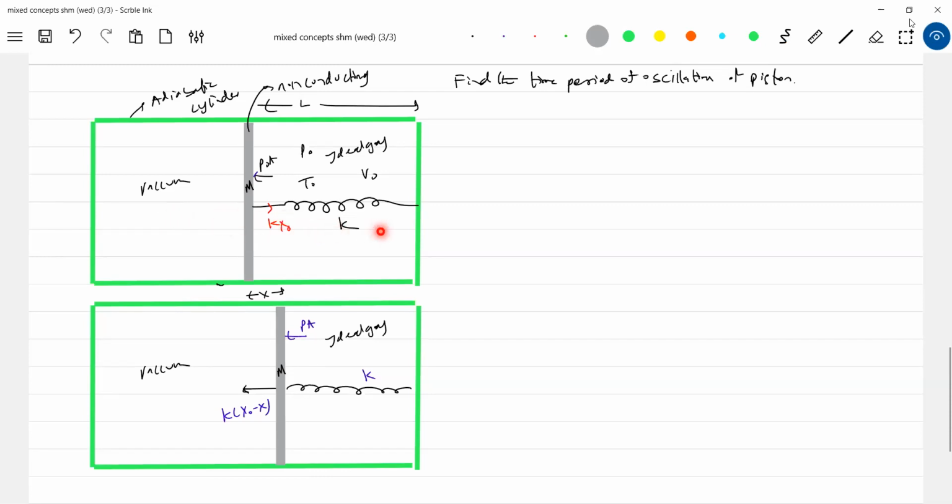We don't know that. Let it be. So the initial elongation of the spring is x naught. If I move towards the right, the elongation decreases. No, there's a force here. Okay, wait. Elongation. It should be in this direction.